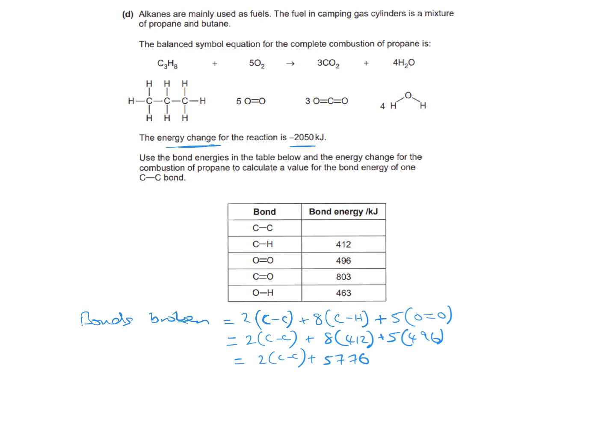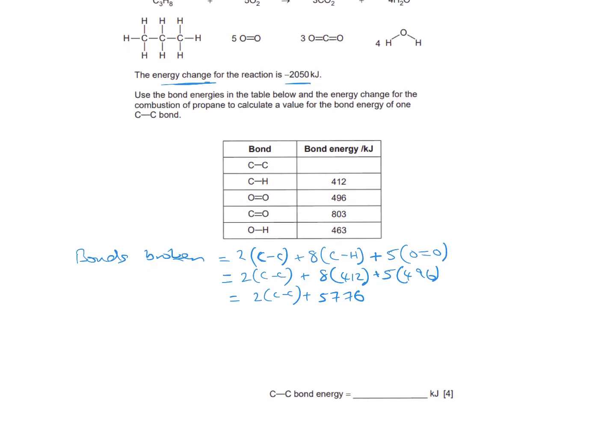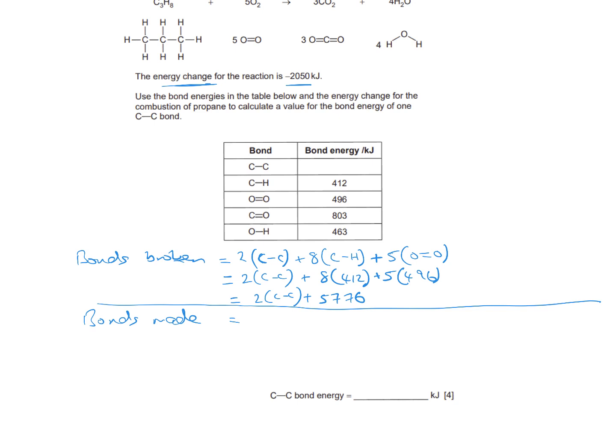Now I'll work out the energy that's released when the bonds are made. So there are carbon-oxygen double bonds, but for each molecule there are 2 of them. And there are 3 molecules, so in total that would actually be 6 carbon-oxygen bonds.